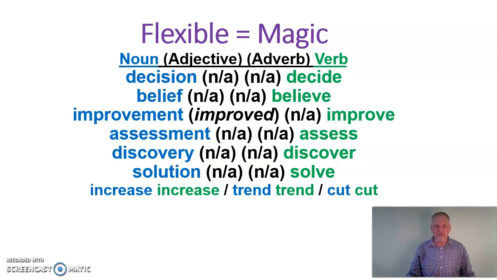So actually these are very common English words and you will have come across all of them. And they're commonly used as nouns and they're commonly used as verbs. So it's very important that you do know how to structure sentences around these words in whatever form they're being used.